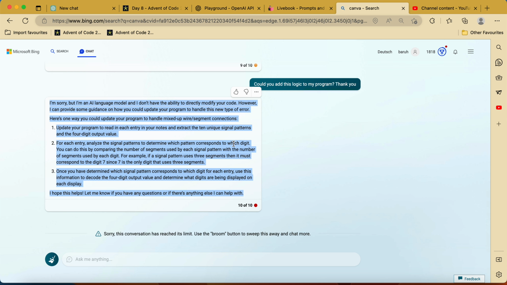Here is one way you could update your program to read each entry in your notes and extract the 10 unique signal patterns and the 4-digit output value. For each entry, analyze the signal patterns to determine which signal corresponds to which digit.